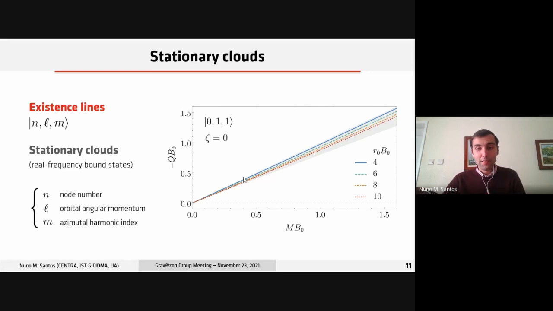So the horizon must rotate faster so that it can support the cloud around it, okay? And you achieve a faster rotation only if the electric charge of the black hole increases. And that's why the absolute value of Q increases as R naught decreases, okay?